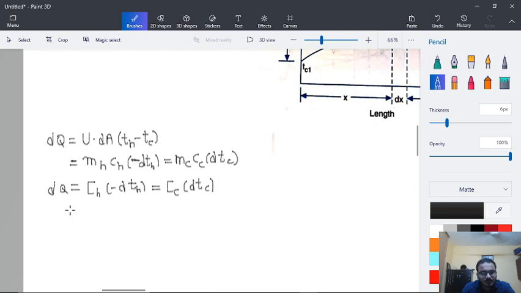So based on this, what we can obtain here, that dTH is equal to minus dq upon CH, and dTC is equal to dq upon CC.